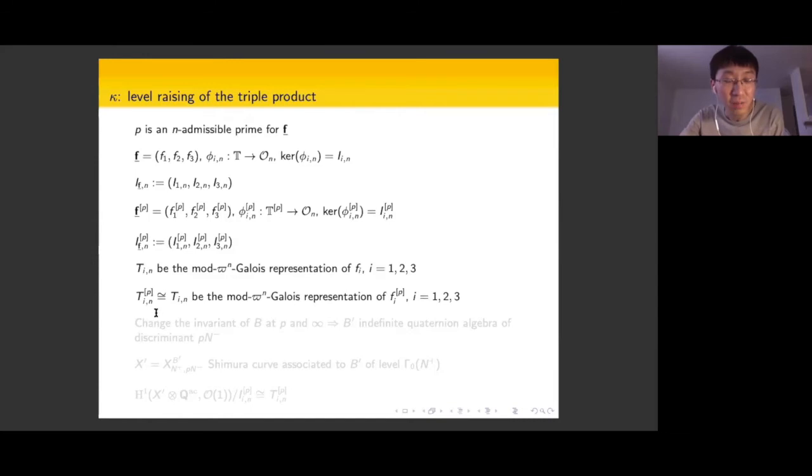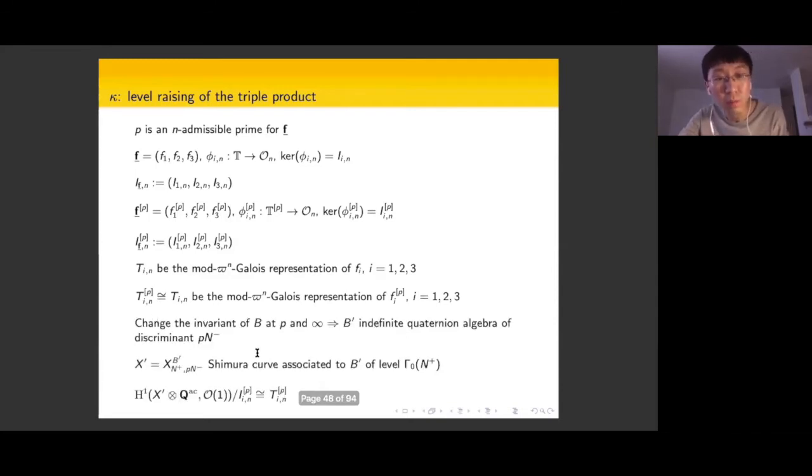So these are just some notations. Next, I want to find a space on which I can realize these level raised Galois representations. Recall that the level raised modular forms are new at P, and by the Jacquet-Langlands correspondence, they are realized on quaternion algebras that are ramified at P. So what I have to do is take this quaternion algebra and add P to its discriminant.